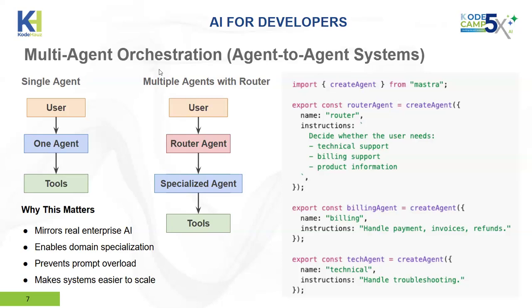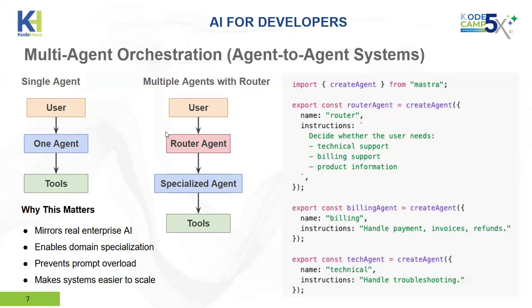But in a multi-agent orchestration system, you have a single agent that doesn't do much else apart from interacting with the user and then deciding which specialized agent is the best fit to handle the user's problem, task, or query. That is multi-agent.